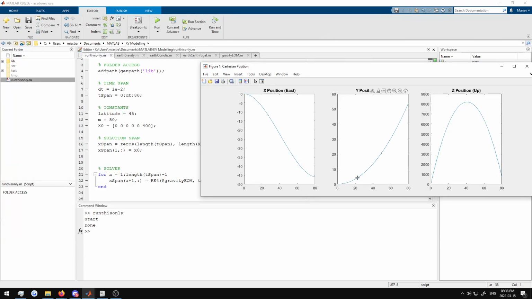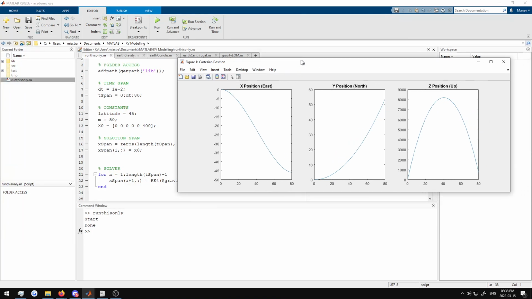And the reason why this looks like it's accelerating is because the Earth is spinning underneath it. Wait, I messed up one of these. I messed up the explanation, but yeah. You can see that this one depends on the height. This one is just constantly speeding up in one direction, and it's constantly moving north, right? Because that's the way we've defined our coordinate axes.